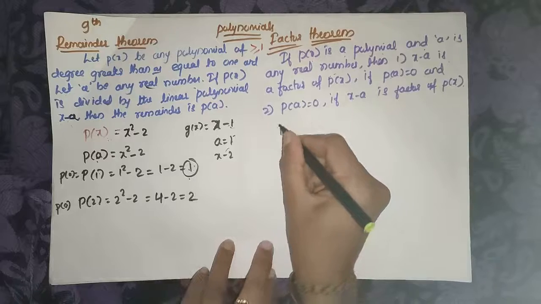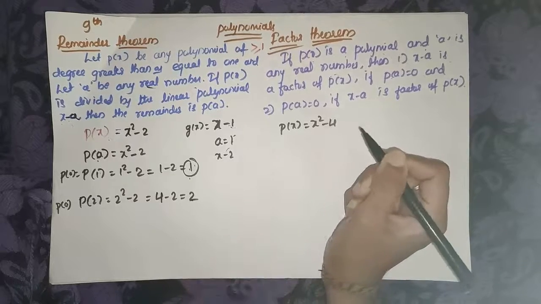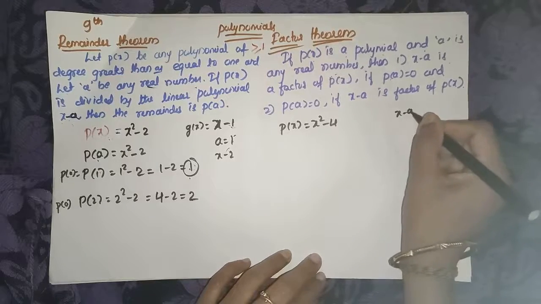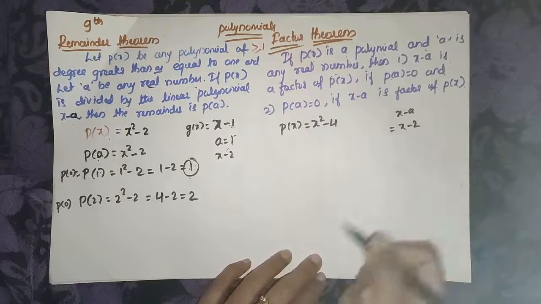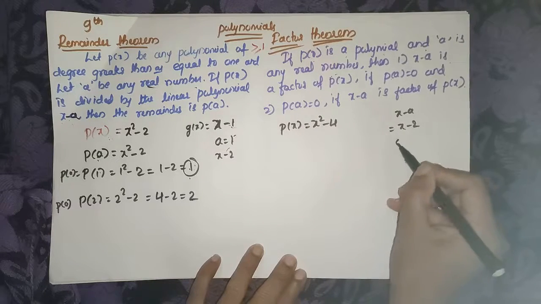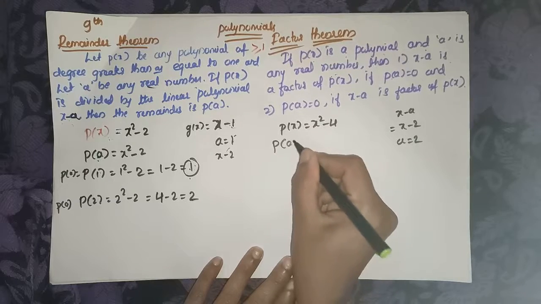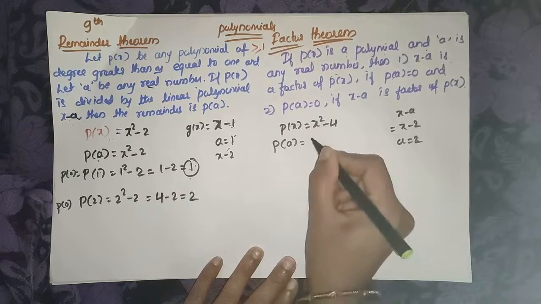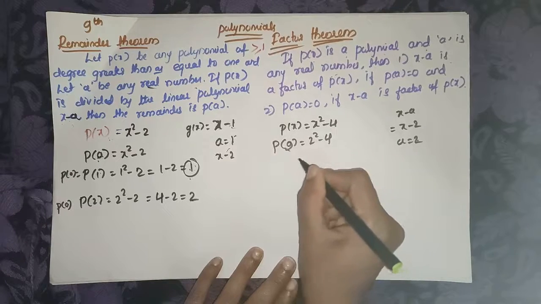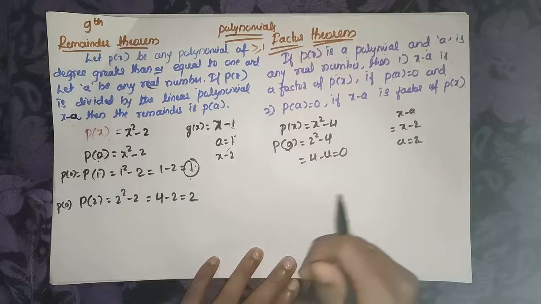If p of x is x square minus 4, and I take another polynomial x minus a in the form of x minus 2, then a is 2. When I find the remainder, it is 2 square minus 4, that is 4 minus 4. Here the remainder is 0.